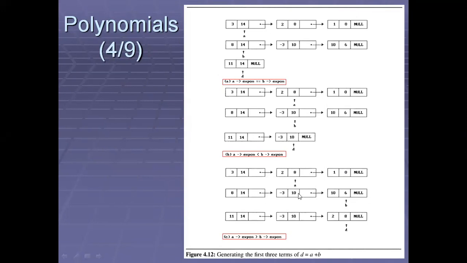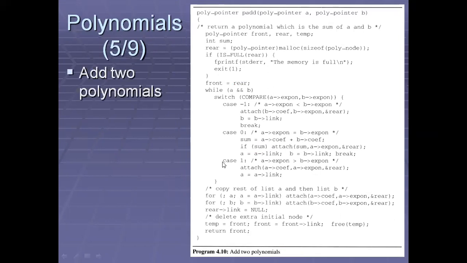Next, 8 and 10 were compared and 10 was added. Next, 8 was added. Next, 6 plus 6. Then 8 and 6 were compared and 8 was added. Next, 0 and 6 were compared, and 6 will be added. But 0 is left in the linked list. So all these left nodes will be added to the final result of the linked list. That's what he is telling in this part.